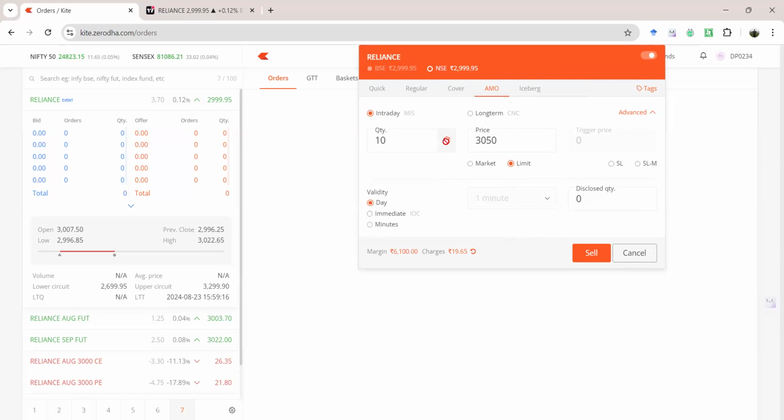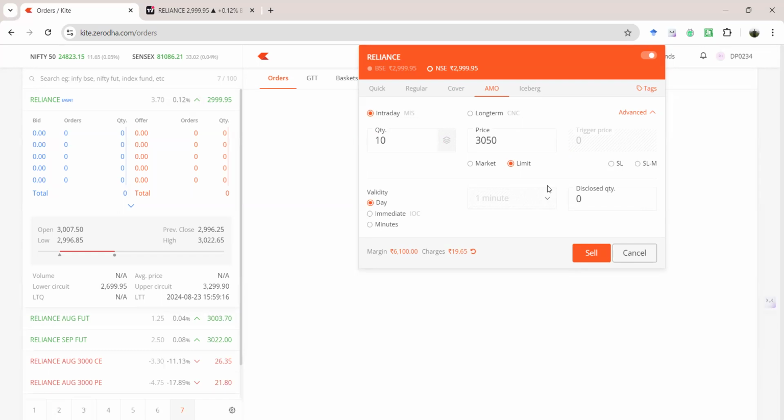If it is not executed during that time, then it will be placed as a routine order for the remaining part of the day. And this cannot be used for options or futures, because futures and options are executed only after 9:15. So even if you place these AMO orders right now, these will be executed only after 9:15. They will not be executed during pre-open.